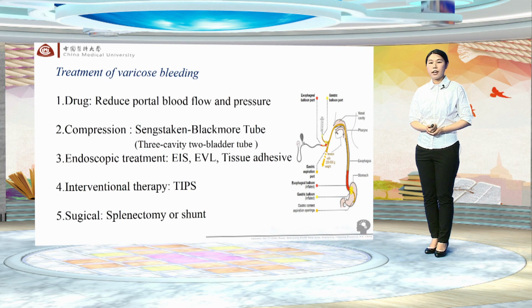Under endoscopy, endoscopic injection sclerotherapy, endoscopic variceal ligation, or tissue adhesive may help to stop bleeding. TIPS has the advantage of less trauma, faster recovery, fewer complications, and a definite curative effect. With the development of many more minimally invasive techniques, splenectomy or shunt is rarely used.